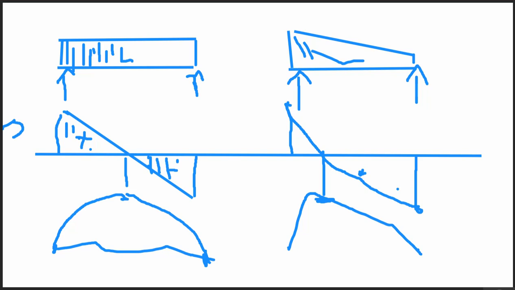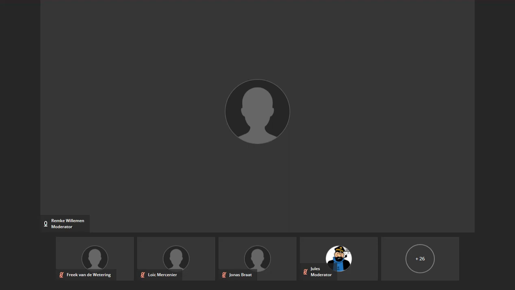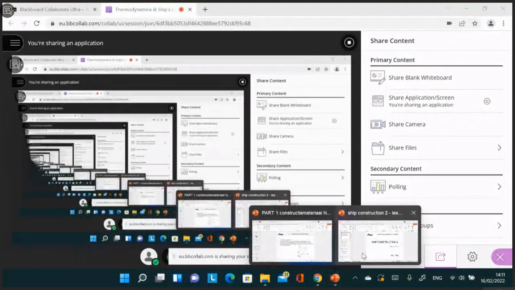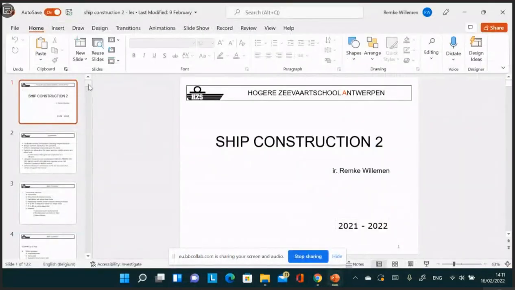So actually it's exactly the same exercise, only instead of a beam, we use a simple even keel hull of a vessel. Now I will leave this representation and go straight to the document.